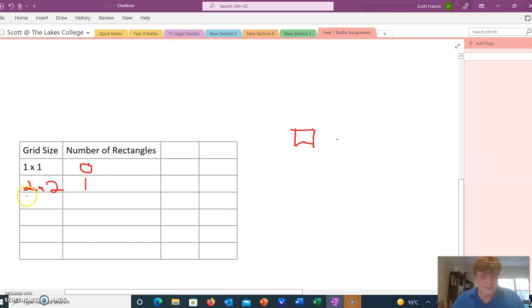Okay, so next we're going to go to a 3 by 3. That's what we're asked to look at. Now, I want to be really clear that somewhere in the task it asks us to do it 3 across, 3 down.